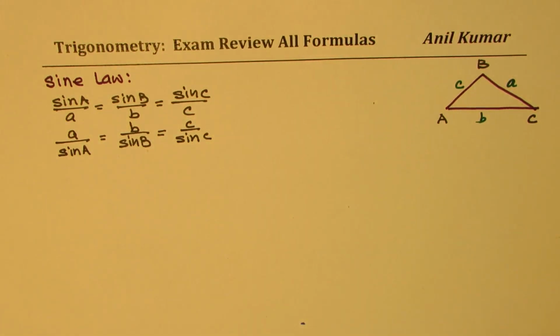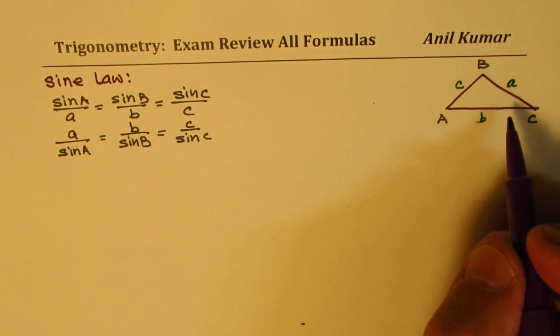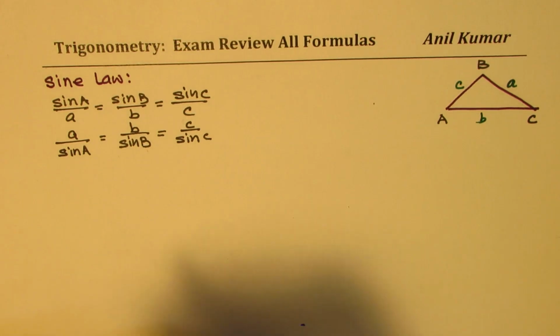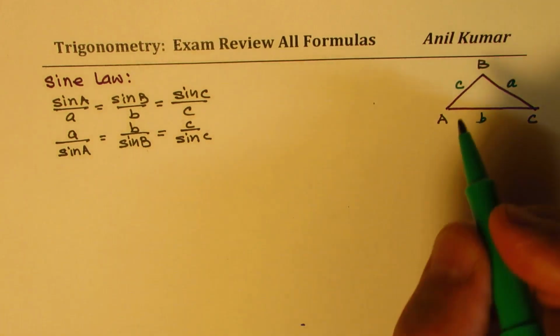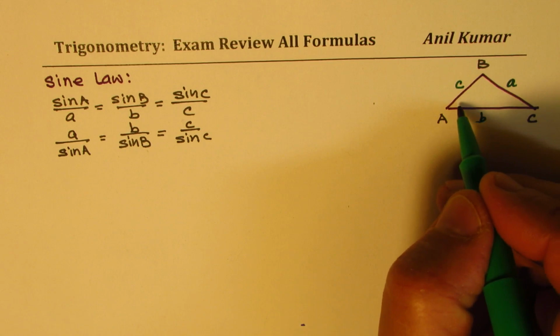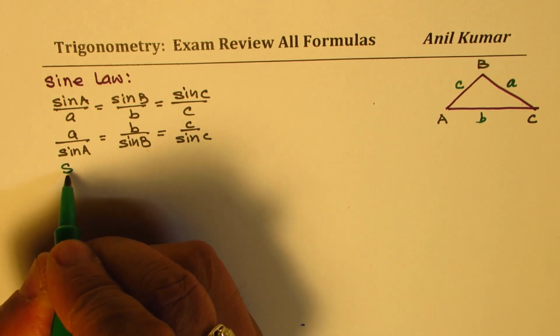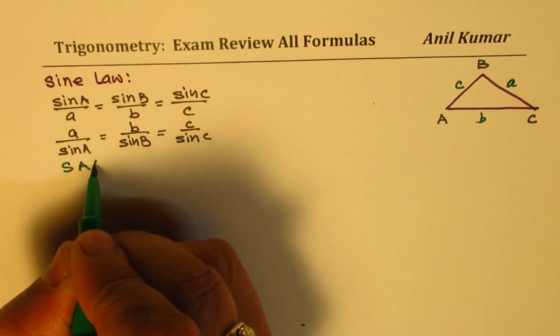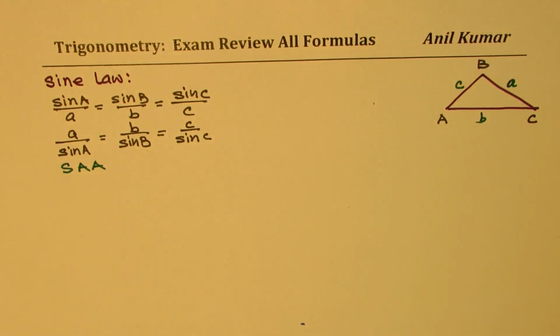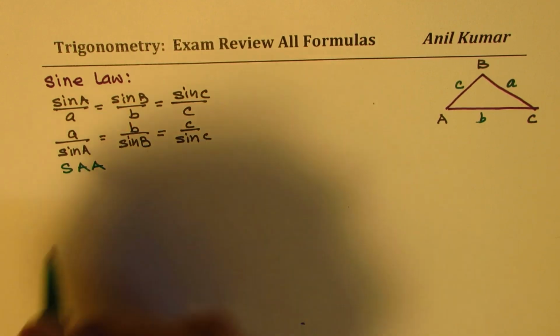It is important to note that a triangle can be solved using sine law if we are given what? We need a combination of side and opposite angle. That is kind of critical, right? So it could be a side with two angles. That should work because you can find the third angle, correct?